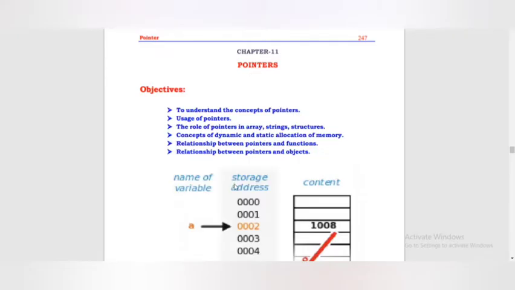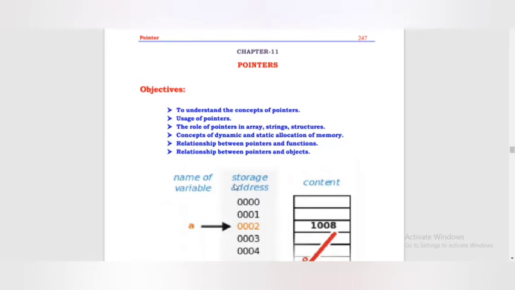Before starting what a pointer is, till now we have written many programs in our previous sessions. While writing a program, what are the important things that we need to consider? First we have to take header files, then we need to declare the variables, after that we need to take the inputs, then do some calculation, and after that display the result.